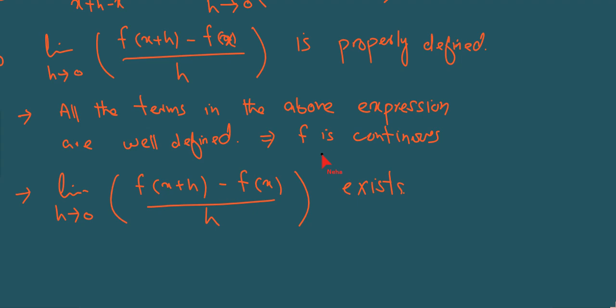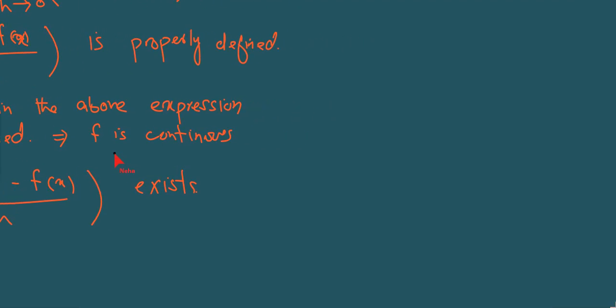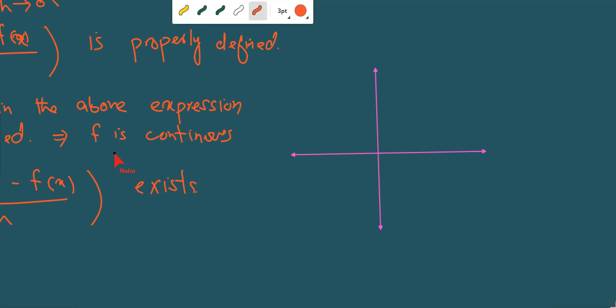Just imagine if the function is not continuous. Let's take a function which is not continuous. Let's say this is a function. I defined it in some way, I haven't any idea.